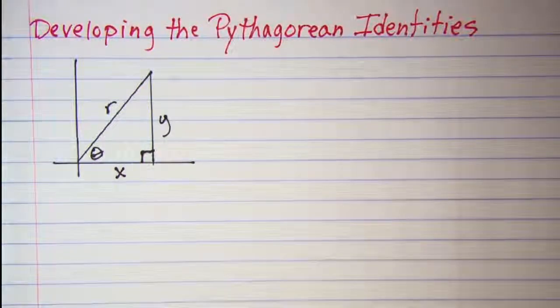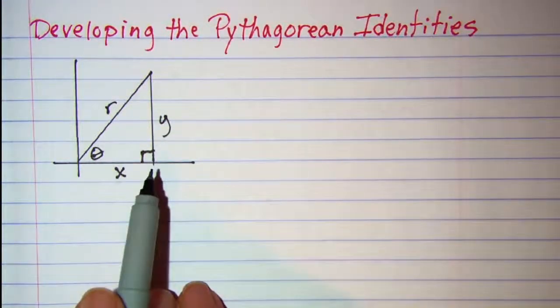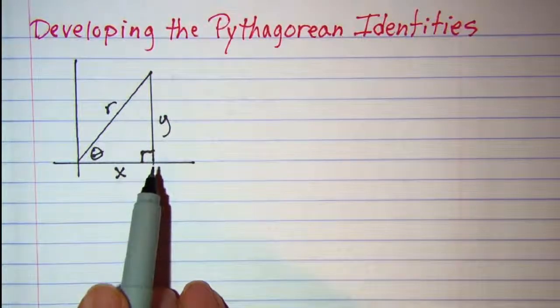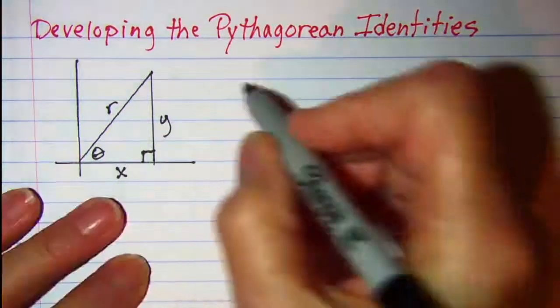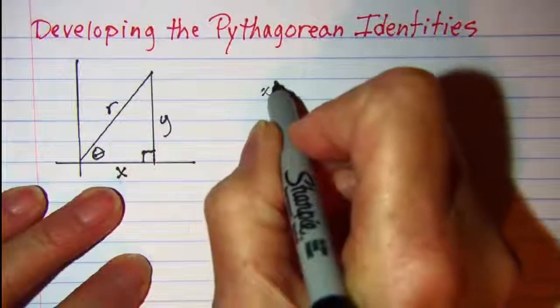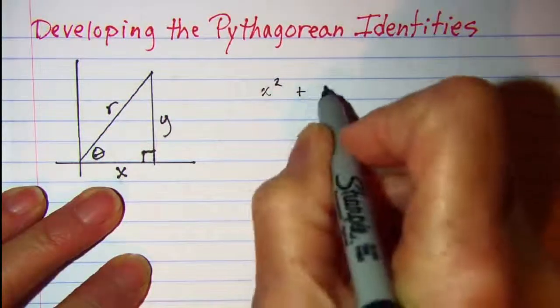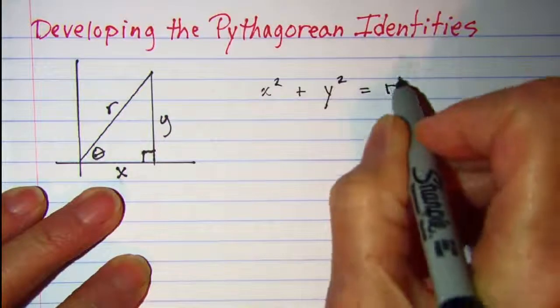In this video, we'll be developing the Pythagorean identities. Using this reference triangle, we can use the Pythagorean theorem to set up an equation. We know that x squared plus y squared equals r squared.